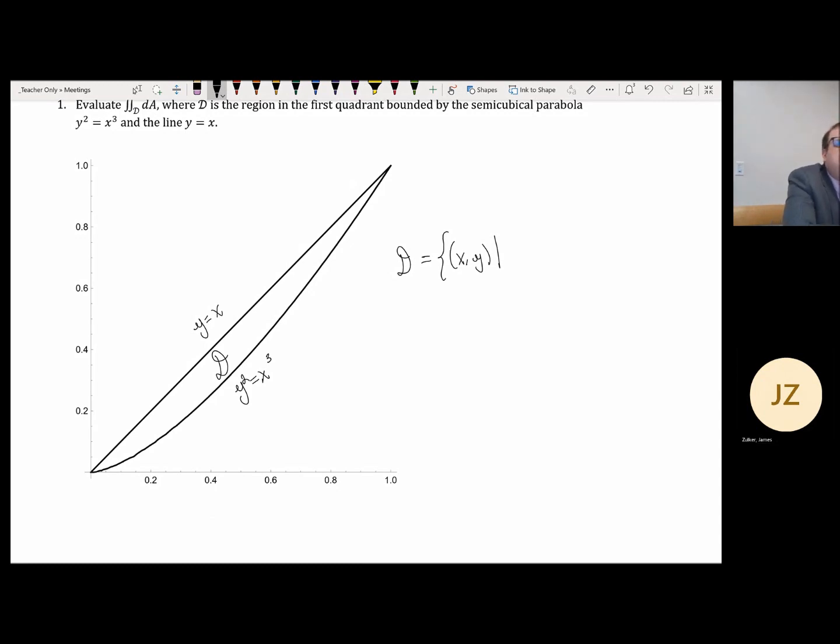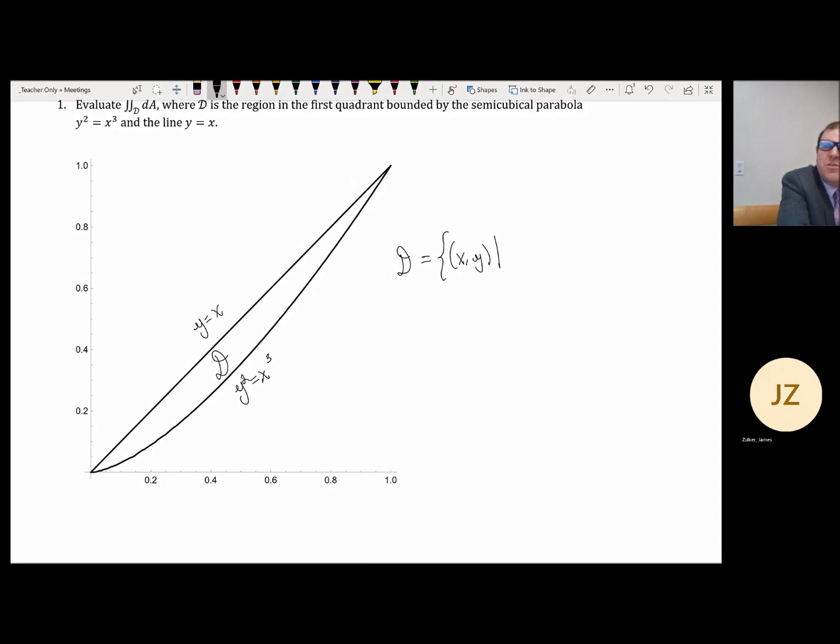We have to pick a way to describe it, either horizontally simple or vertically simple. If I remember correctly, horizontally simple is dy dx, vertically simple is dx dy.